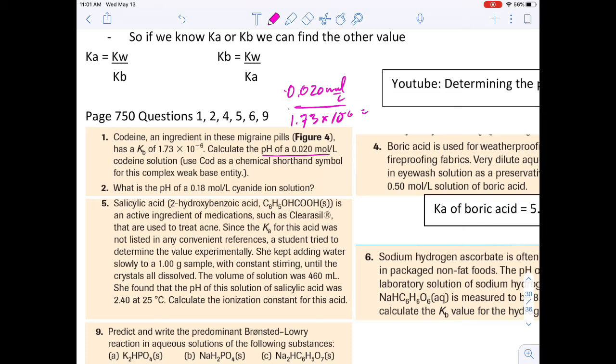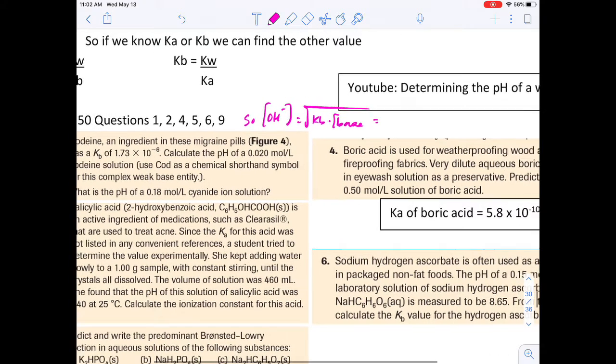And I want to make sure that this is going to be a number that is greater than 1,000. When I calculate this, it gives me 11,560. And so the assumption works. So the concentration of hydroxide ions can be calculated using the square root of the Kb times the concentration of base.